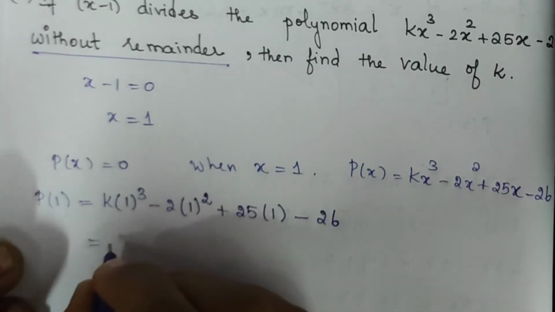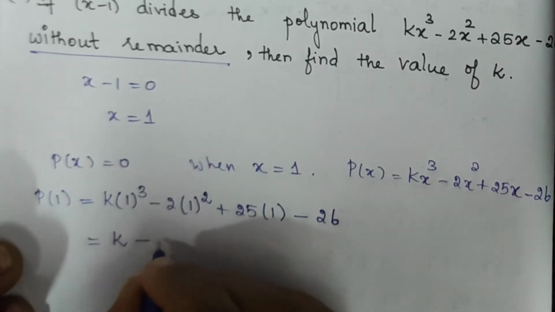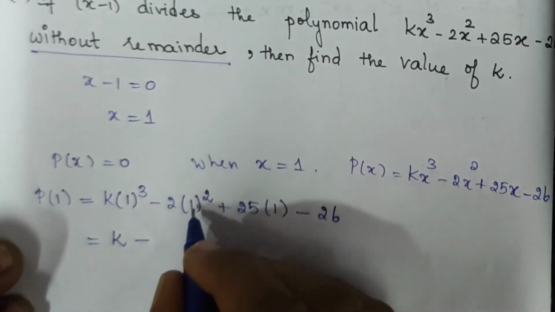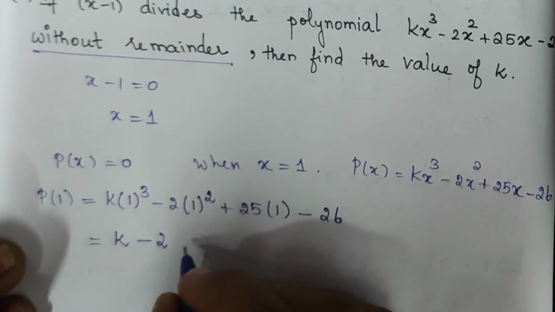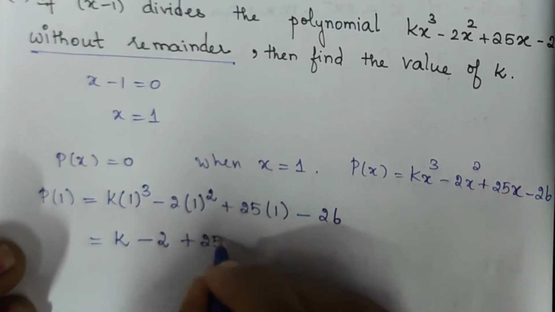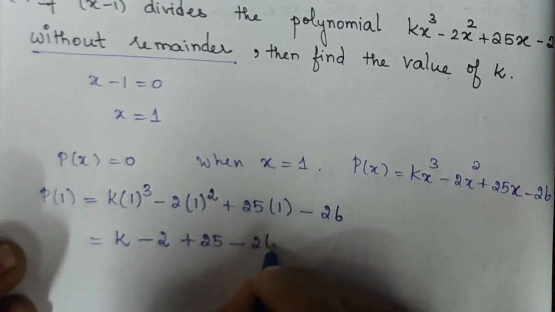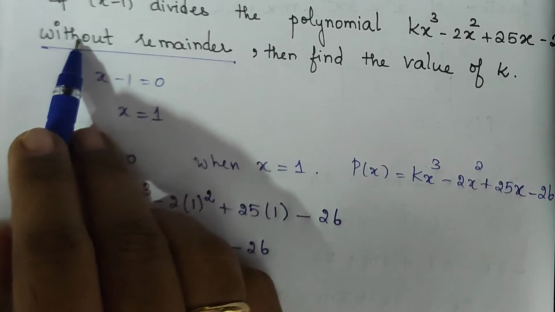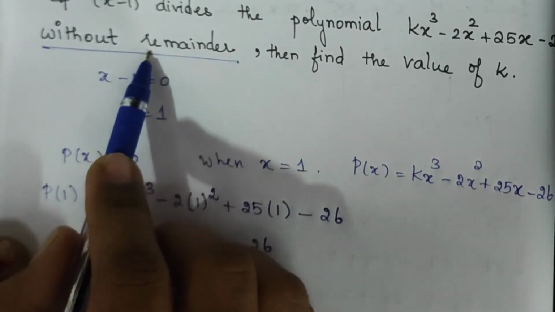Okay, so 1 cube is 1 only, 1 into k is k, 1 square is 1, 1 into 2 is minus 2, plus 25 minus 26 is equal to 0 because it divides without remainder.